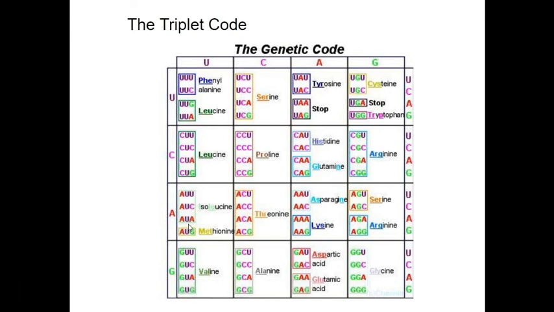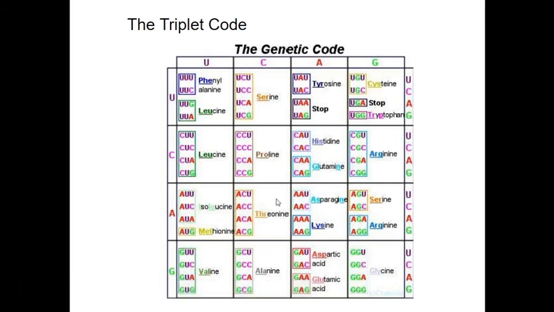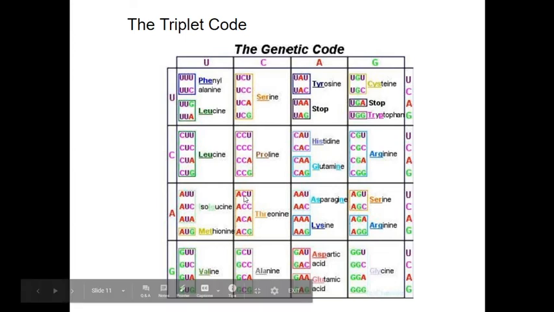Notice that AUG is the only triplet that codes for the start amino acid methionine. For all the other amino acids, we have a different number of triplets that can code for them. Like in this case here, we have 4 different sequences that can code for this one, so can this one, so can this one, etc.